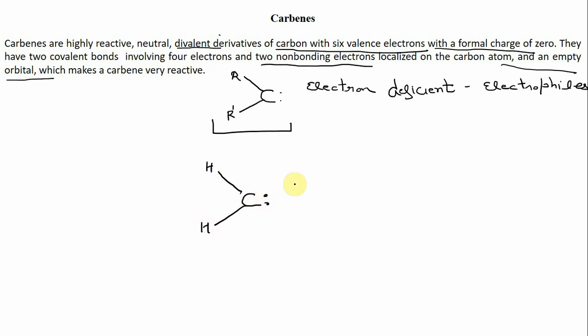Now this is a methylene carbene, since there are 2 hydrogens there. Similarly you can have a dichloromethylene carbene in which you have Cl, like this. So this is dichloromethylene carbene, which acts as an important reaction intermediate in many reactions.